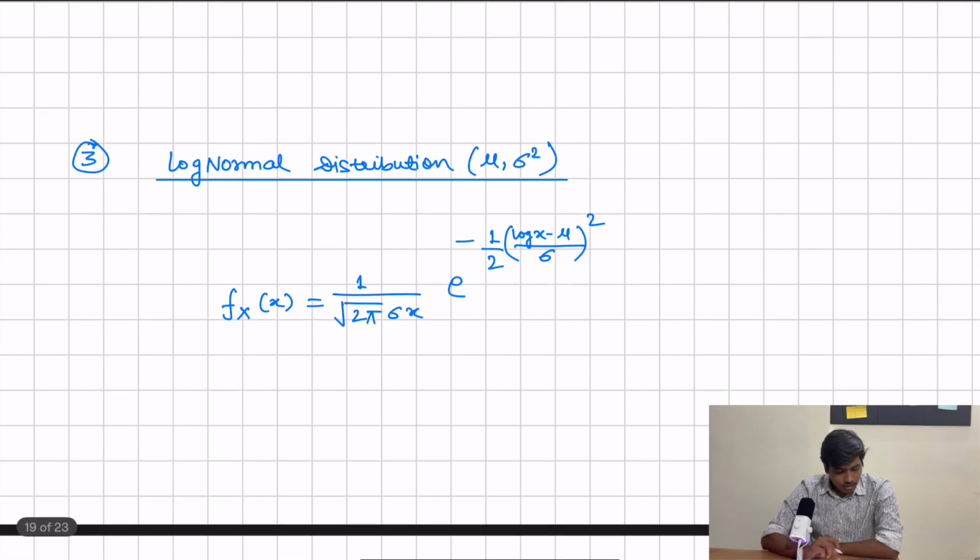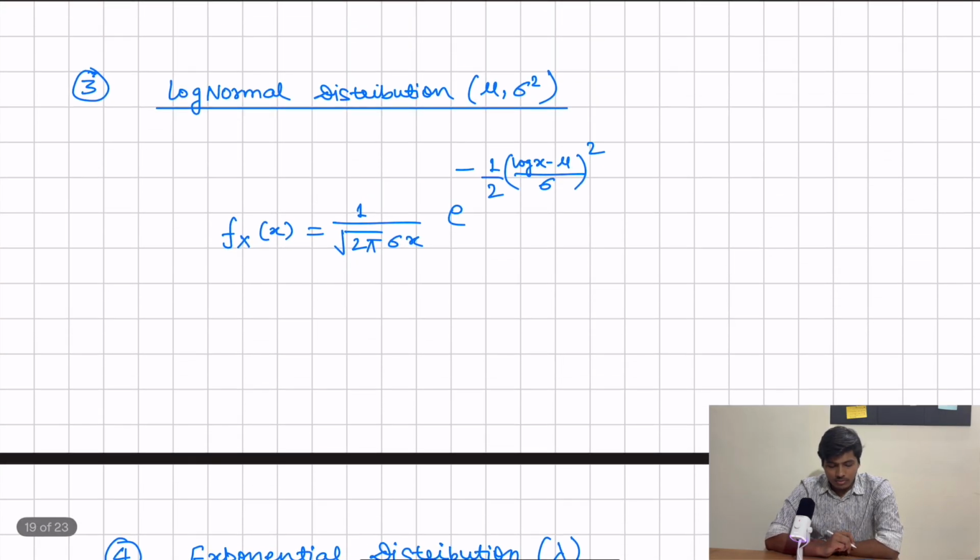Now let's come to the log normal distribution. If x is log normal, then the PDF of x is 1 by square root of 2 pi sigma x times e raised to minus 1 by 2 times ((log x minus mu) by sigma) whole squared. One important property of the log normal distribution is that, let's say x is log normal, then y equals log x.